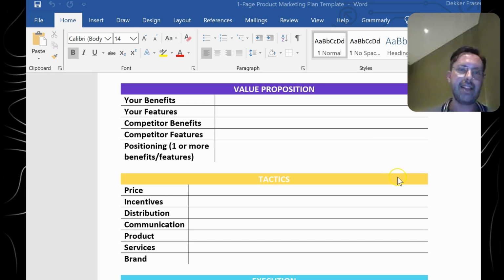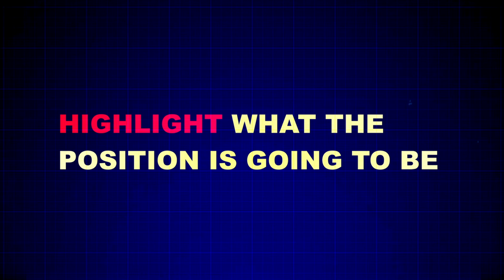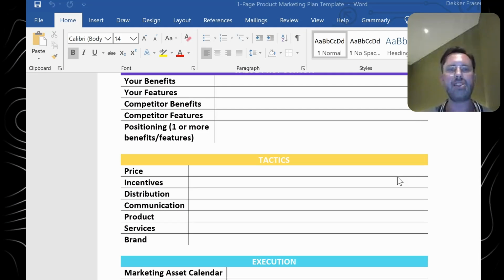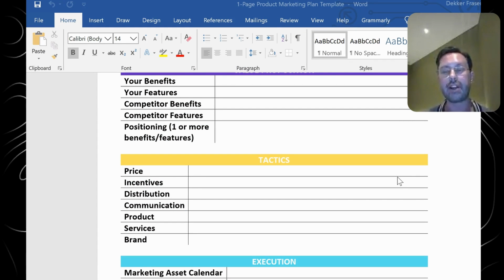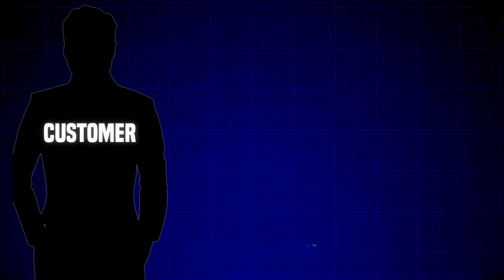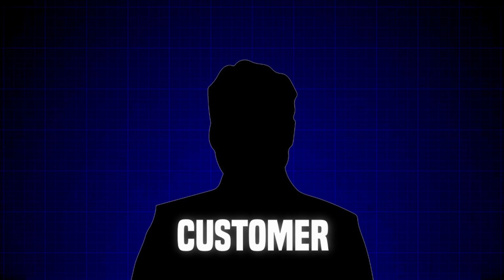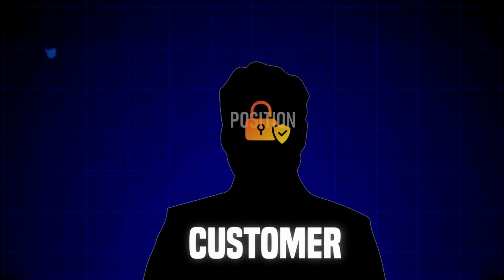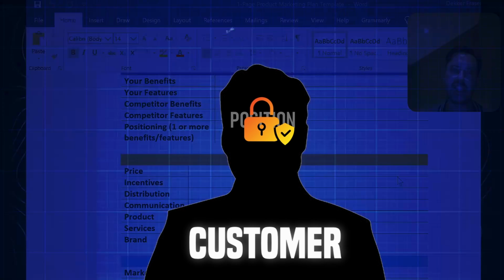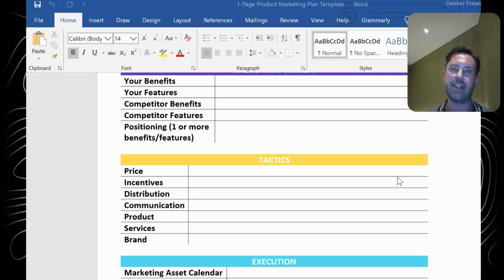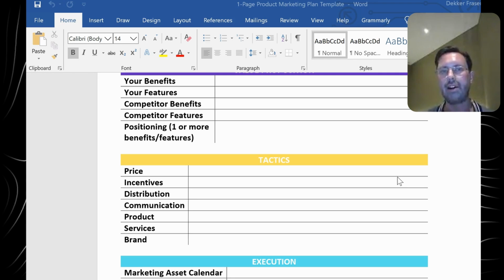The last thing that you want to do is highlight what the positioning is going to be. This is usually one or maybe several benefits, features, or product attributes that you're going to emphasize in your messaging. The reason you're going to do that is because you want to secure a position in the minds of the customer. Now, the positioning is a little bit tricky because we're talking about psychology here.